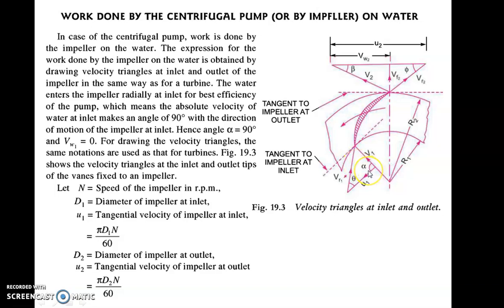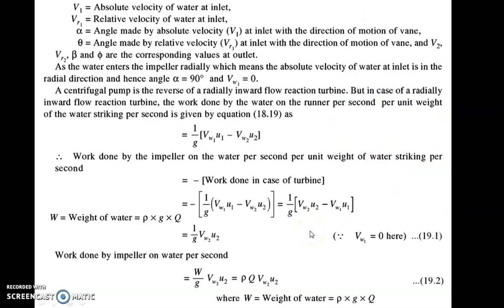VW1 is 0 to get the maximum output from the impeller to the water. Here again the formula is the same: 1 by g (VW1 U1 minus VW2 U2). So VW1 is 0 here, and the work output is given by VW2 U2, or rho Q into VW2 U2. This is the impeller power.